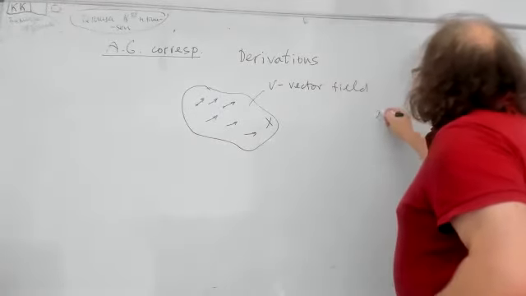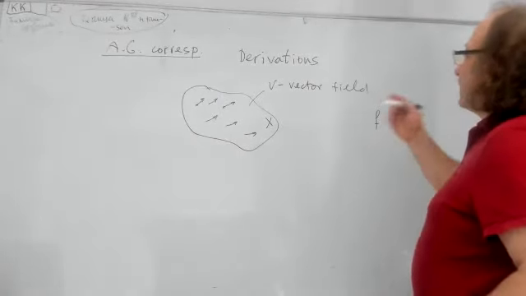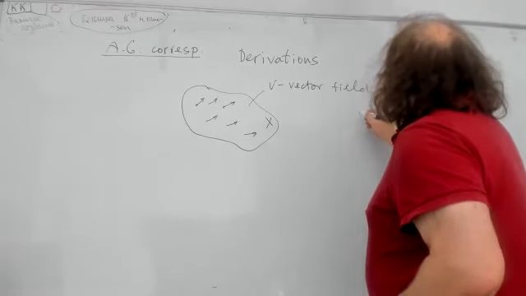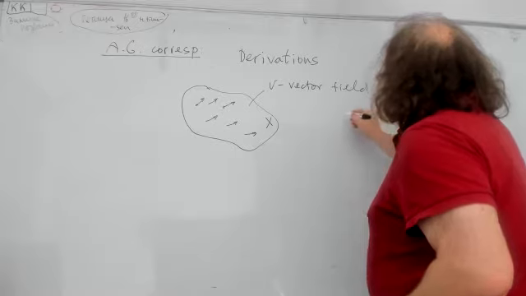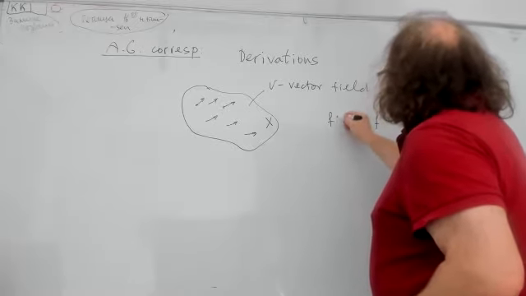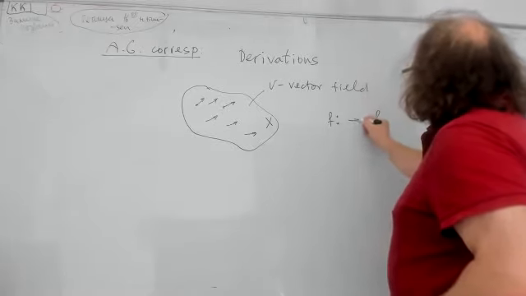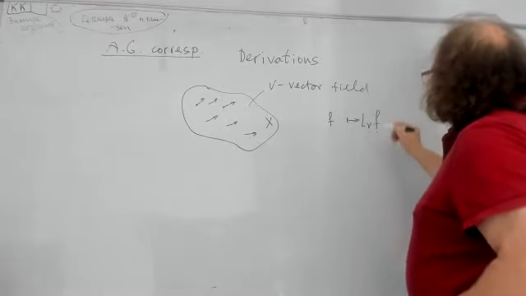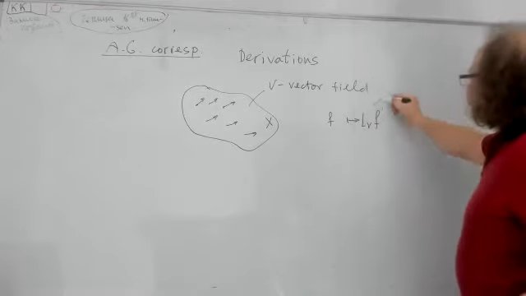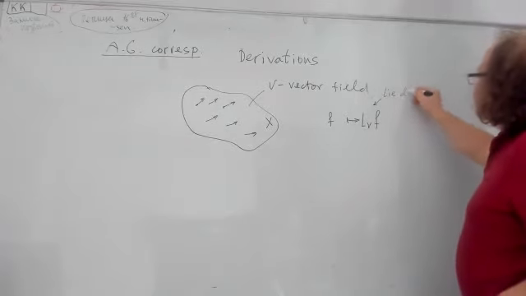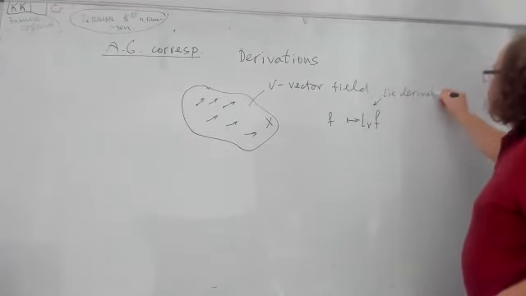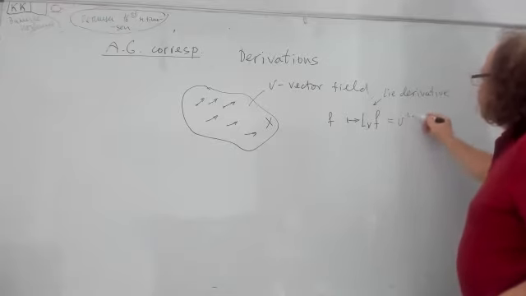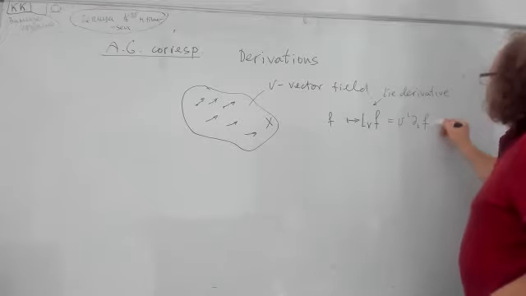So, having a function and having a vector field, we can define a map F going to LV of F. So this is the Lie derivative. In coordinates, it's something like this.